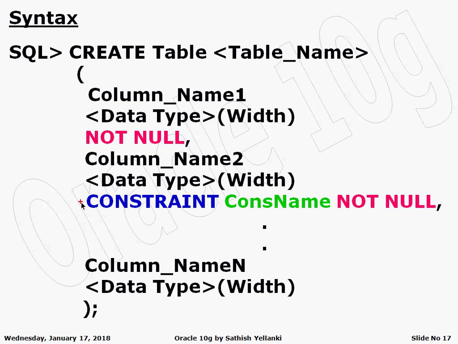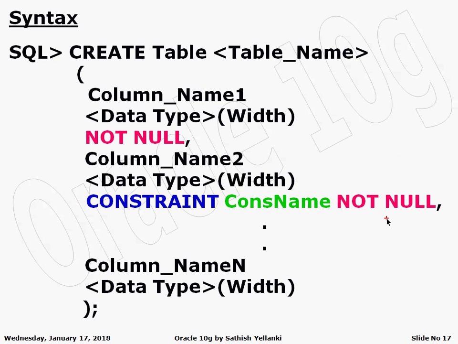So to overcome the maintenance problem, it's always better that you give a constraint name by yourself. Whenever you want to give the name of a constraint, you use the keyword constraint, and then you define the name of the constraint. Between the name and not null, you should have one simple space.